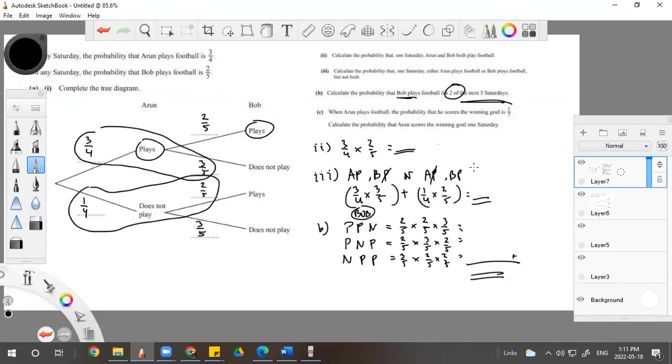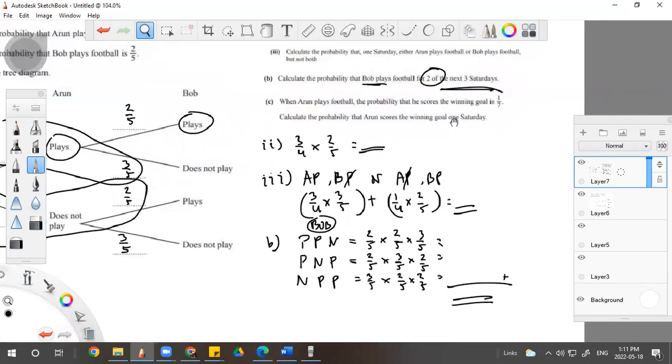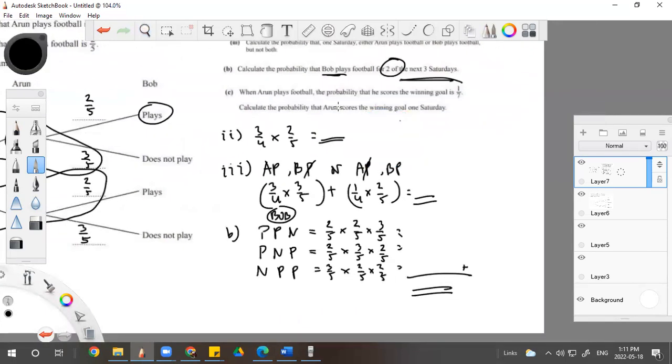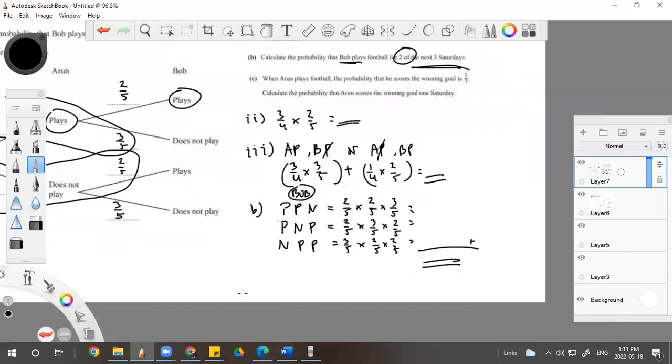When Aaron play football, the probability that he scores the winning goal is 1/7. Calculate the probability that Aaron scores the winning goal one Saturday. Dia main and then score, right?